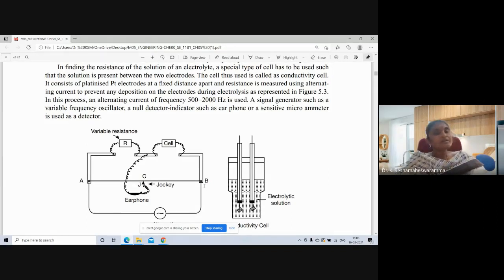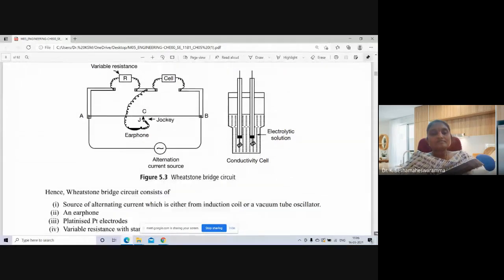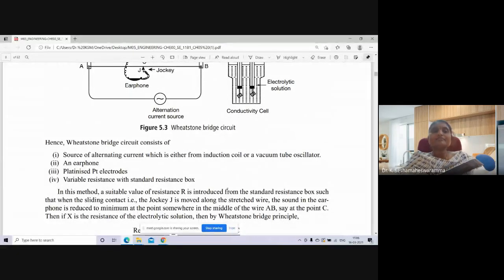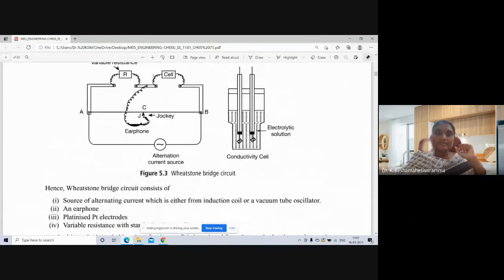Hence, the Wheatstone bridge circuit consists of a source of alternating current, AC, which is either from an induction coil or a vacuum tube oscillator, an earphone, a platinized platinum electrode, which is the conductivity cell, and a variable resistance with standard resistance box.